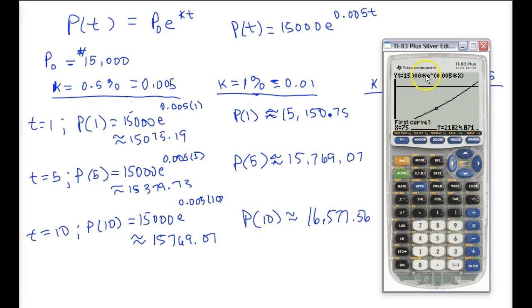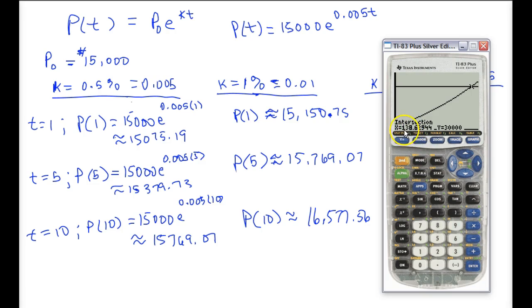When it asks what's the first curve, in other words, this function here, we'll just say enter. The second curve is going to be your horizontal line, 30,000. And then we want to guess where the actual intersection is. So I'm just going to keep clicking until I get there. That's close enough, and I hit enter.